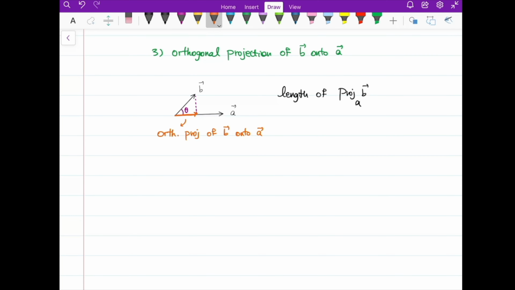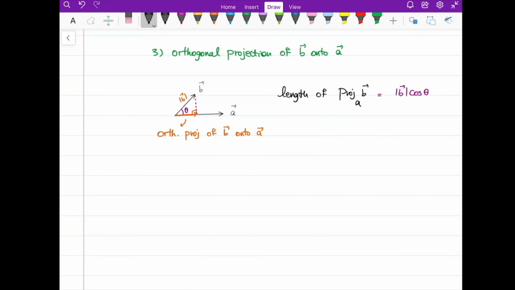Since I have a right triangle here, and the length of B is the hypotenuse, the length of the projection would be equal to the length of B cosine of theta, right?